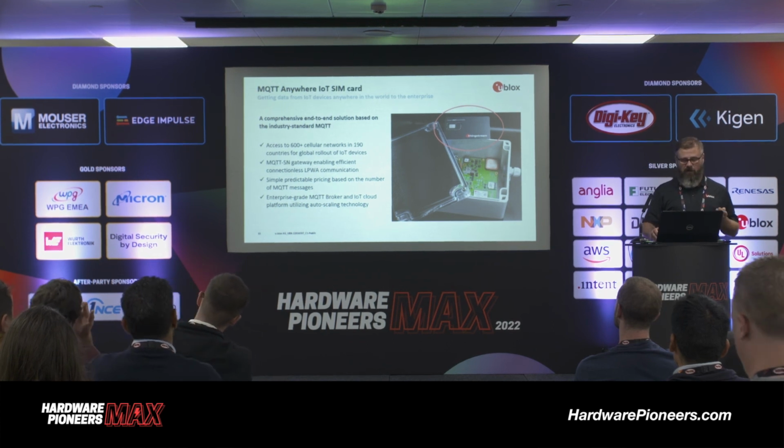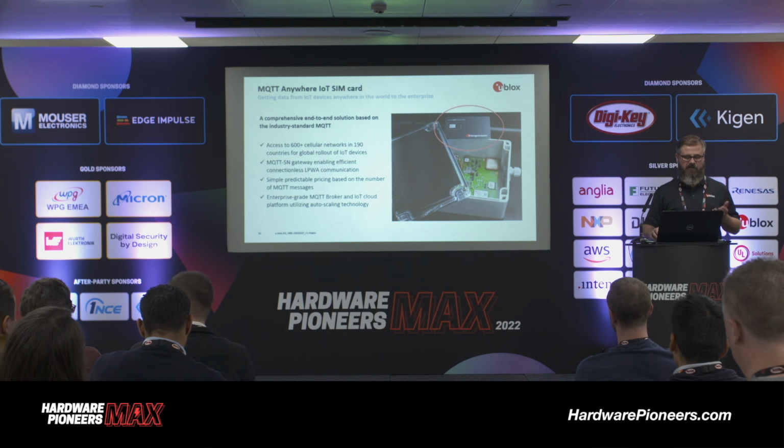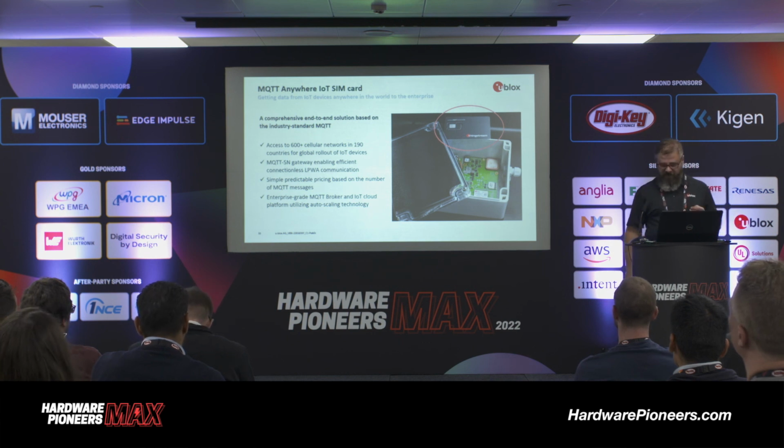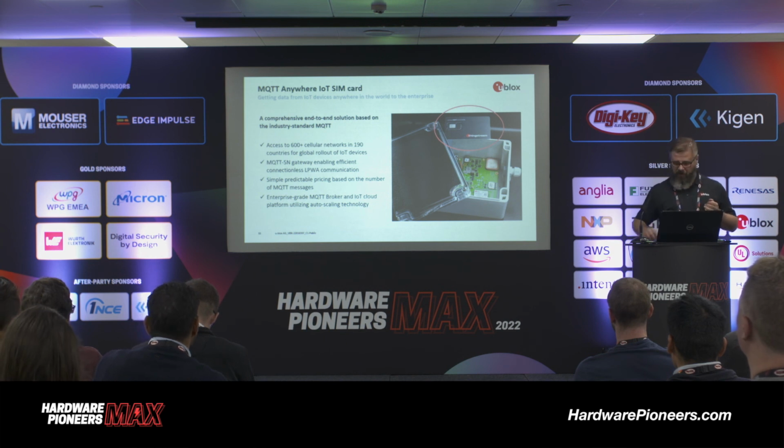To summarize what this gives you, the IoT SIM card gives you access to over 600 cellular networks in 190 countries around the world. So that's most of the world. It also gives you access to our MQTT-SN gateway, which enables efficient communication, and access to our enterprise-grade MQTT broker and auto-scaling technology.